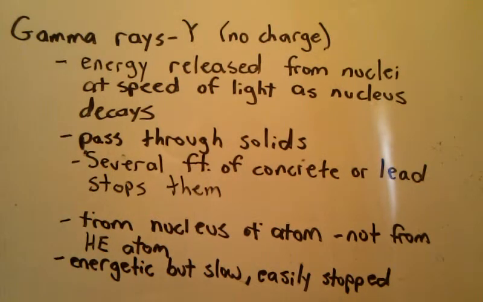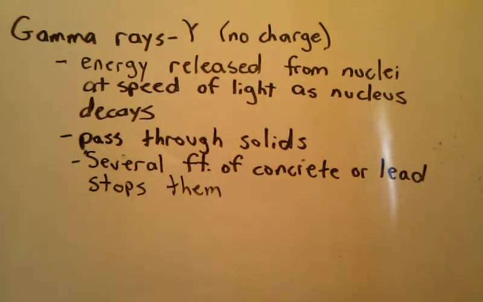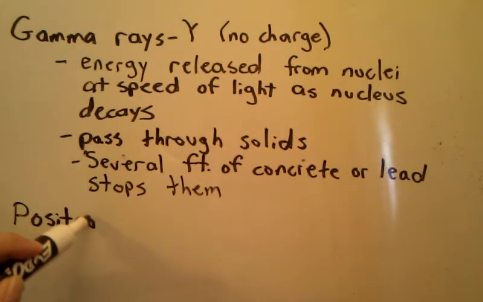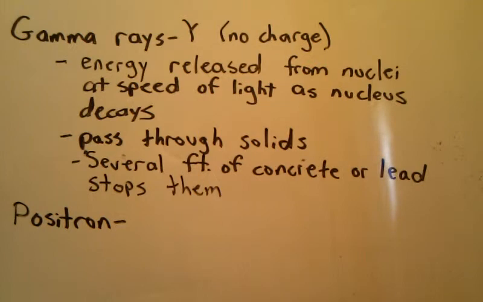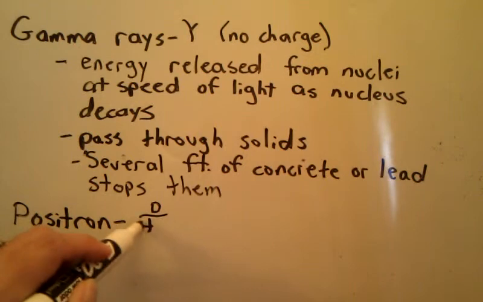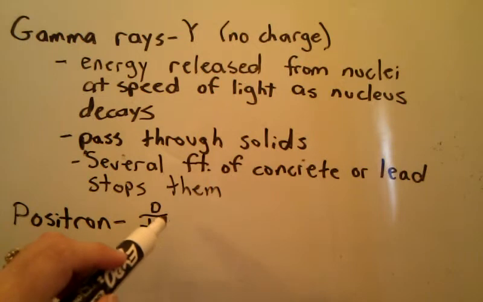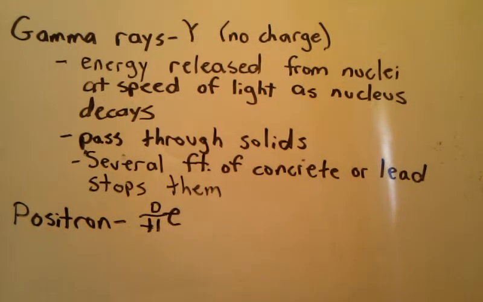Now let's discuss the positron. In 1932, okay, this is the symbol for a positron. It looks like 0 over plus 1 and then a lowercase e.